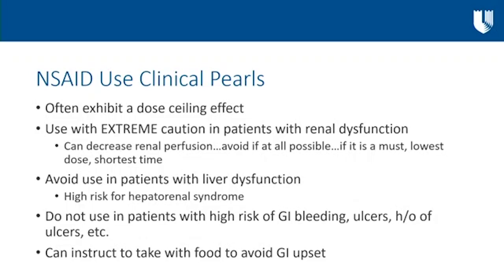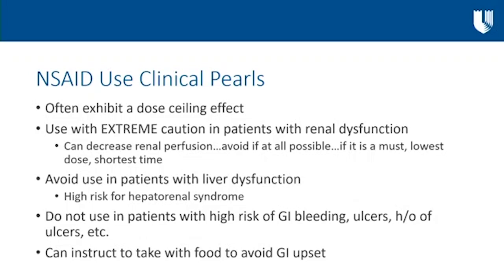And we want to give her something, and we're talking about giving her an NSAID. Would that be a great idea? No, it would not be a great idea, right? If she's got an acute kidney injury, it absolutely would not be a great time to give her an NSAID and cause even more of an insult, right? So we want to avoid that in any patients that have renal dysfunction.